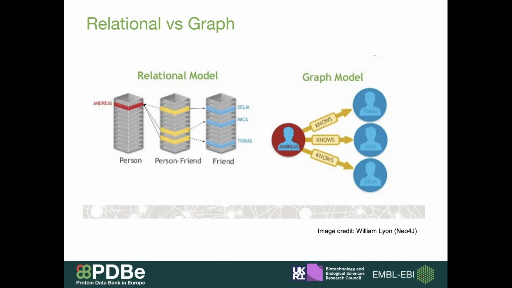And on the other hand, we have the graph model, which is much simpler. It uses nodes or vertices to represent an entity and relationships or edges to create connections between them. Also, it is whiteboard friendly.